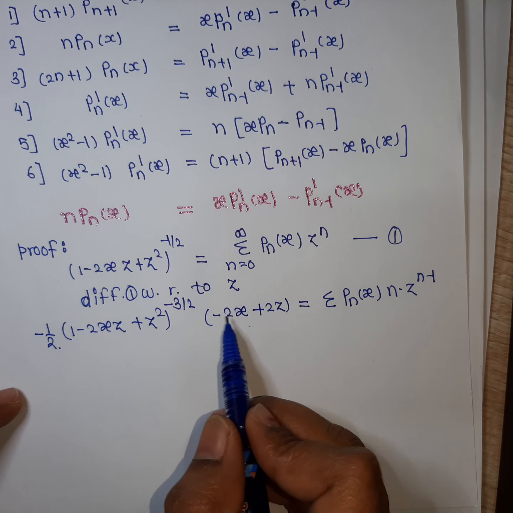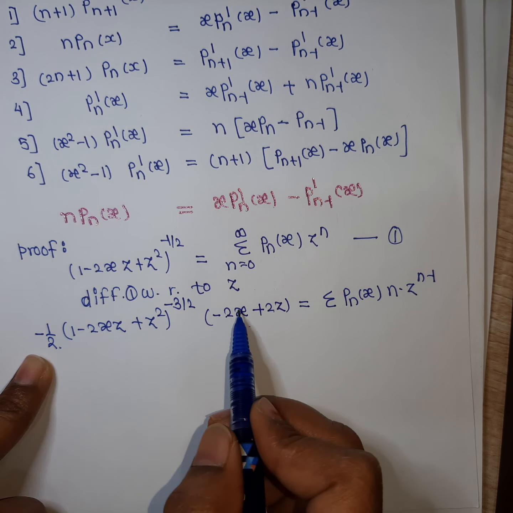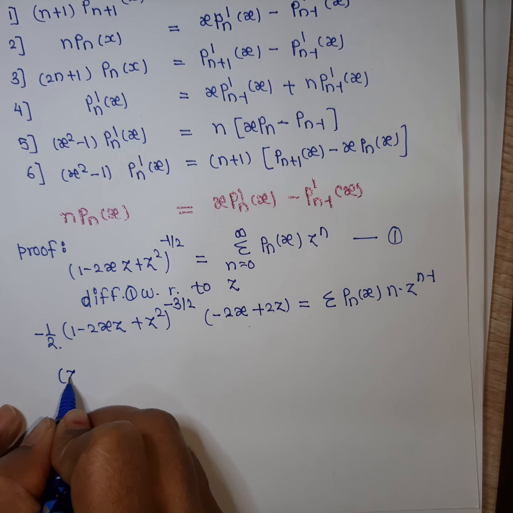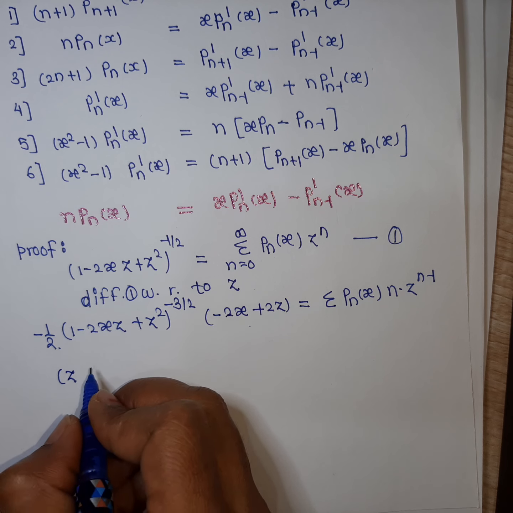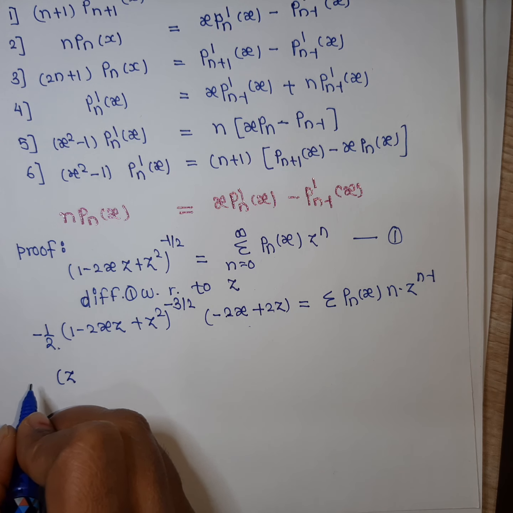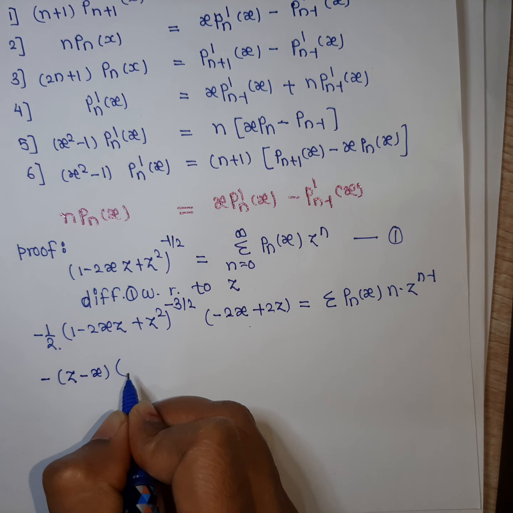From this, 2 is common. Take 2 common and this 2 gets cancelled out. This minus multiplied, then we will get z minus x in bracket, minus is common.